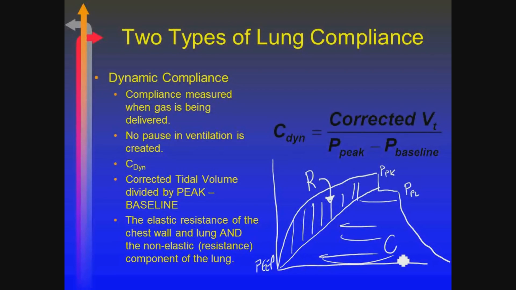But there's some component of inflating the lungs that is due to resistance, some related to overcoming compliance changes. When I'm measuring dynamic, I'm looking at the peak minus the baseline. I'm looking at the total thing. Well, it's the combination of both compliance and resistance. Doesn't tell me much. So again, clinically, it's not something that we really pay attention to, but from a testing standpoint, you may need to know that.